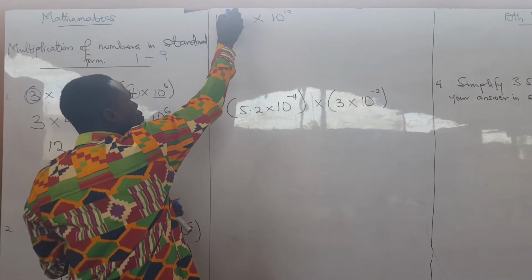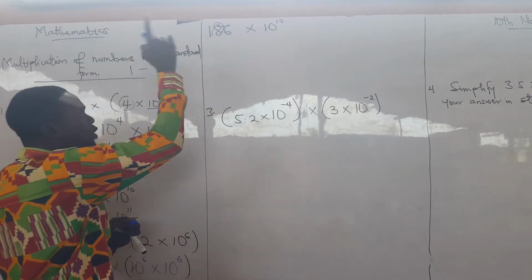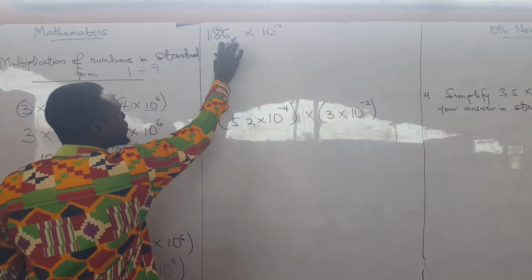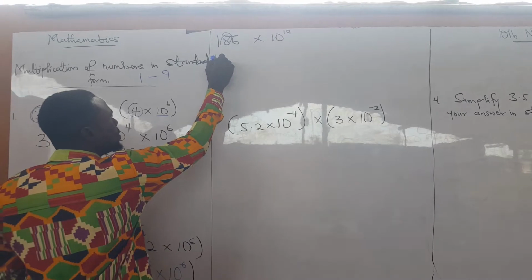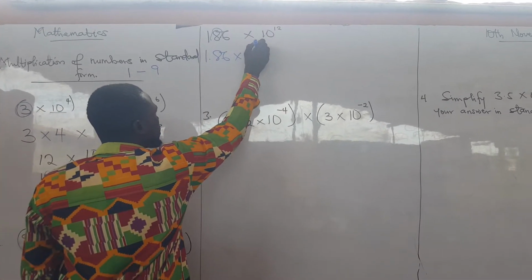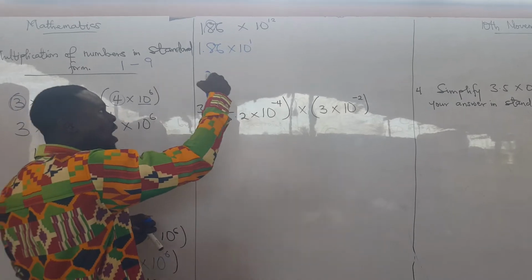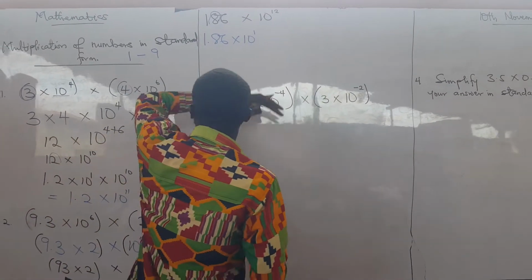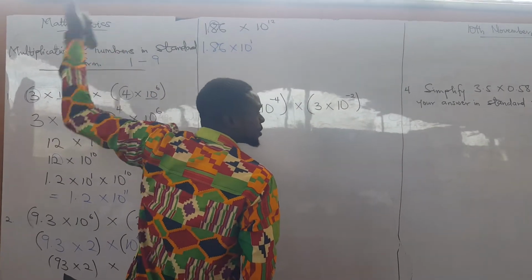So we are going to move 1 time, because 1 can be found here. So this in standard form is going to give us 1.86 times 10 raised to the power 1. The power of 10 is positive because we move to our right.